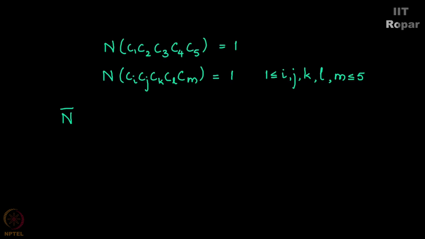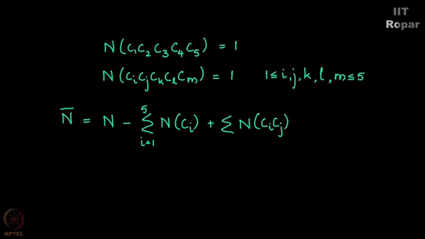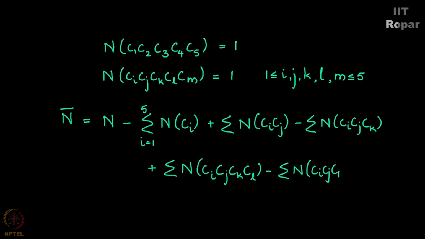It is N, all possible permutations, minus summation N of Ci, where i is from 1 to 5, plus summation N of Ci, Cj, again i, j between 1 to 5, minus summation N of Ci, Cj, Ck, plus N of Ci, Cj, Ck, Cl, minus N of Ci, Cj, Ck, Cl, Cm.